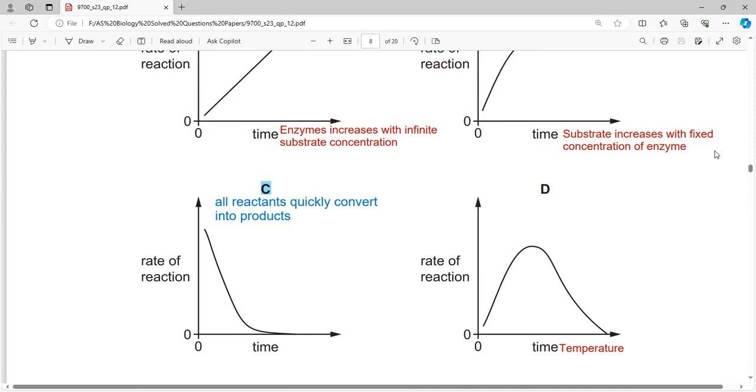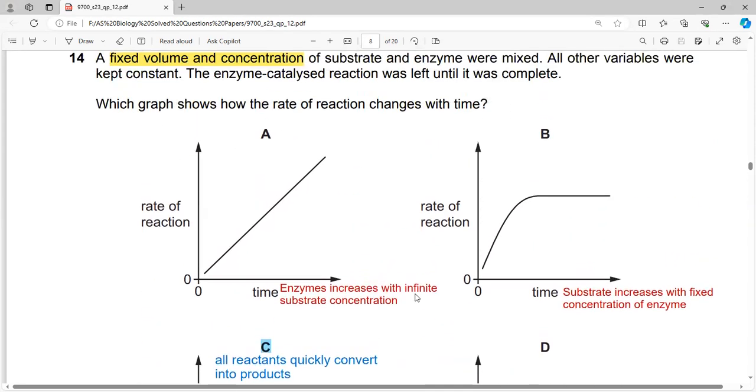Why? Because the substrate is limited, and the enzyme is not increasing, and quickly the enzyme will convert the substrate into the product. In this way, no more substrate is available, so the rate of reaction will decline to 0. So we can see the other options. Graph A is possible when the enzyme is increasing with an infinite concentration of the substrate.